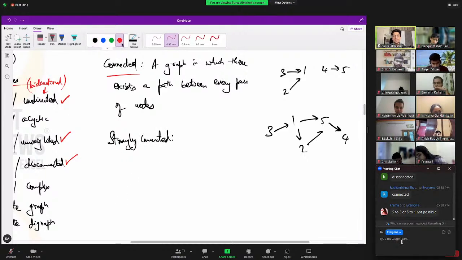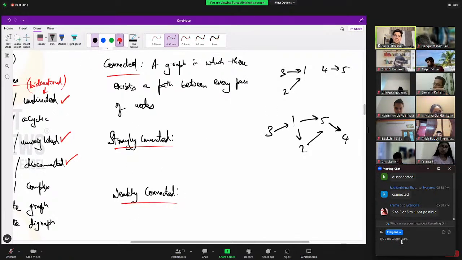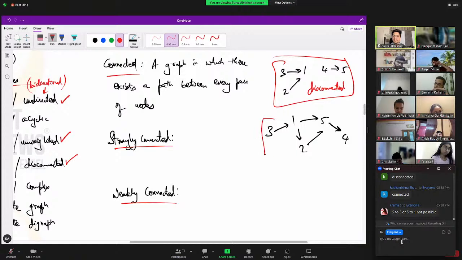Strongly connected and weakly connected. So this particular graph is disconnected. That is obvious. But this graph that we have here is actually a weakly connected graph.